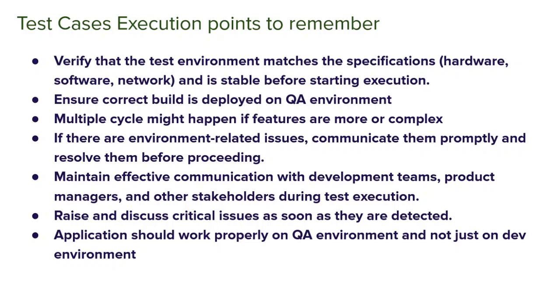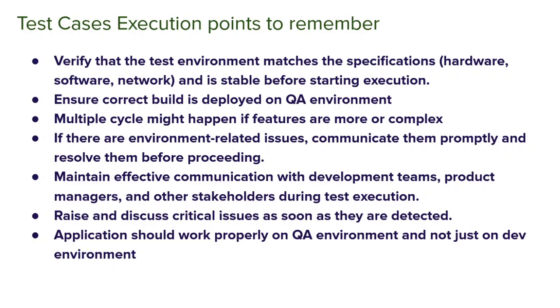Also remember that if there are new features which are complex, or if there is a large number of features, sometimes the developer doesn't deploy all the features at once. They will develop partially, build some features and deploy those features for testing.